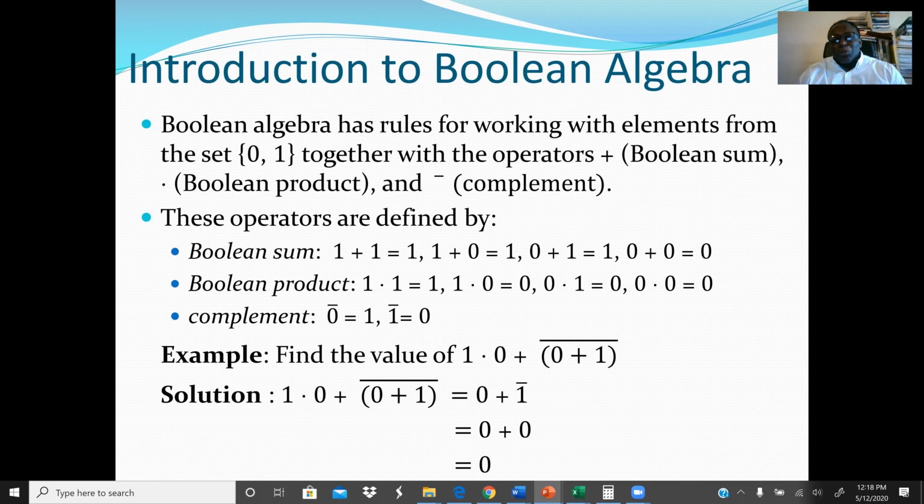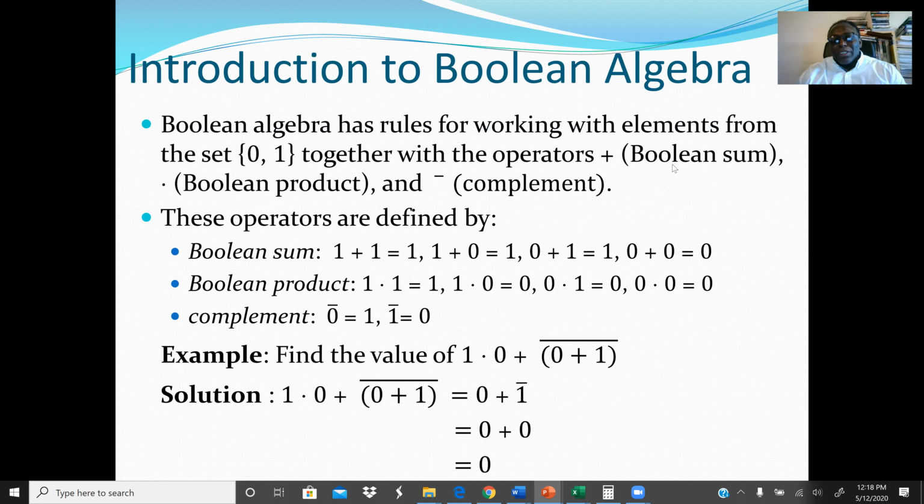So a Boolean algebra has rules for working with elements from the set 0 and 1 together with operators. And operators can be Boolean sum, or Boolean product, where we use the dot in the middle, and then we also have the complement, which is the bar on top of a variable or a value.